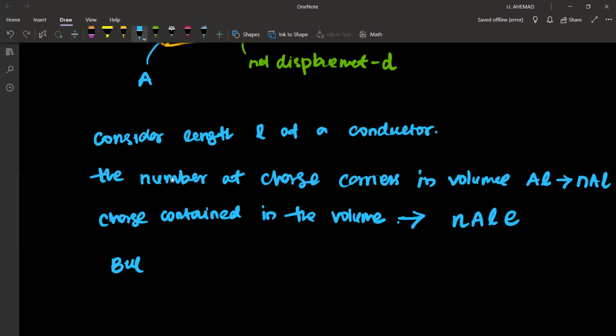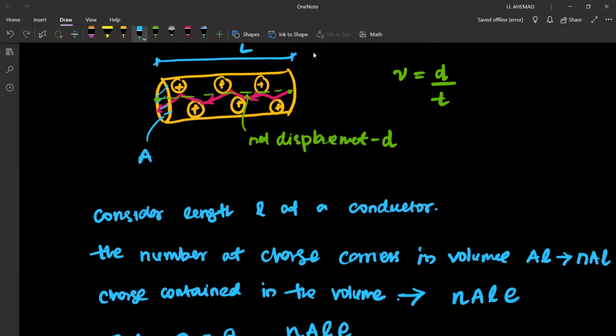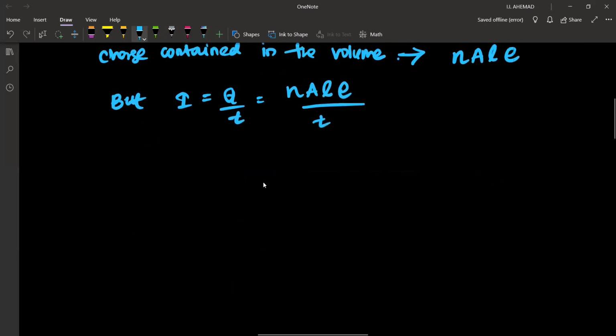But we know that I is equal to Q over T. Instead of Q, I can use this NALE over T. So what is L over T? L is the net displacement, T is the time taken. So instead of L over T, we can consider it as the drift velocity.